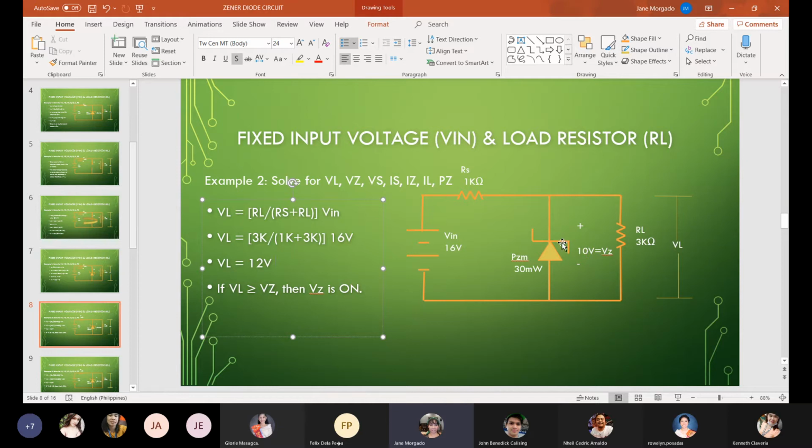Take note, the Zener diode's polarity is reversed: the cathode becomes positive and the anode becomes negative. That is the characteristic of the Zener diode.